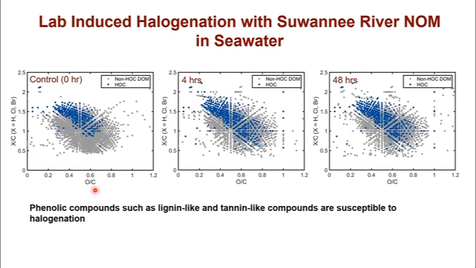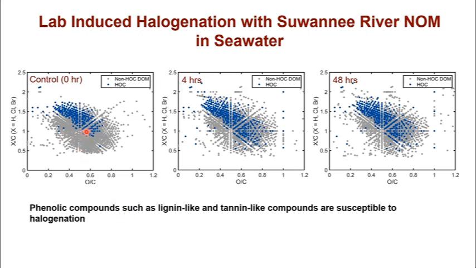On the x-axis is the oxygen to carbon ratio, and the y-axis typically is H/C, the hydrogen to carbon ratio, but because halogens actually substitute hydrogen, in this case it's really X/C, X now being hydrogen, chlorine and bromine. I did not look at iodine mainly because iodine does not have a very substantial natural isotope abundance, so I was not comfortable saying that I saw that.